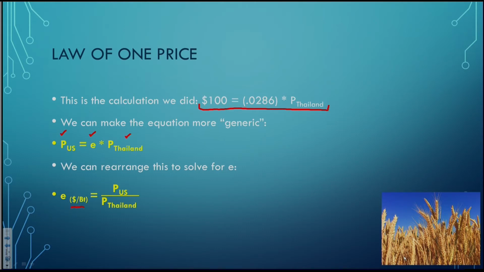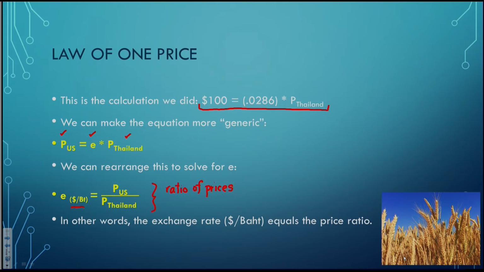Do you agree that it's equal to the ratio of the prices, right? So this is really just the ratio of the prices. So the exchange rate is equal to the price ratio. The exchange rate, again, dollars per baht, equals the price ratio.